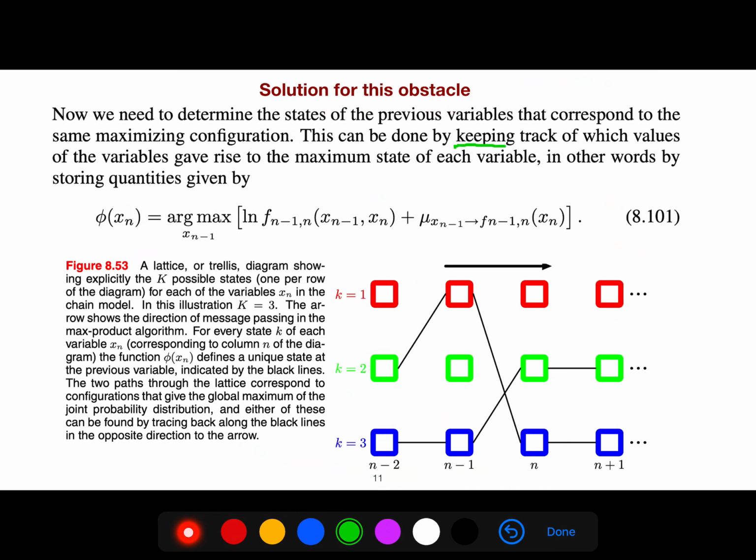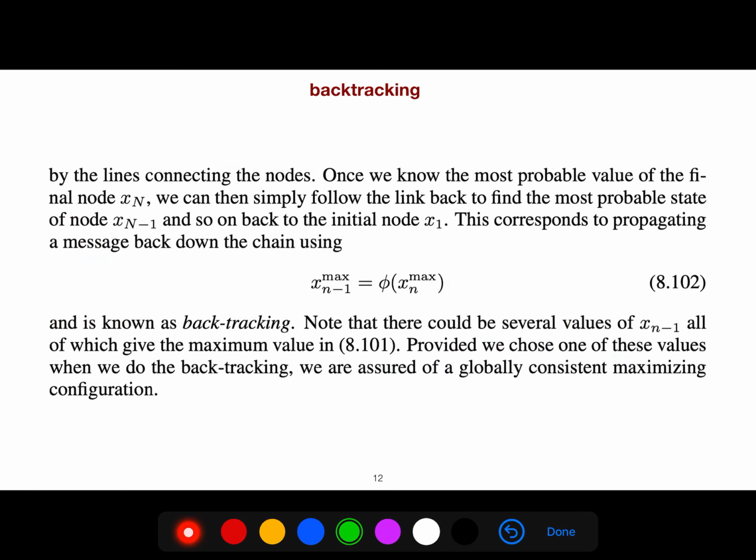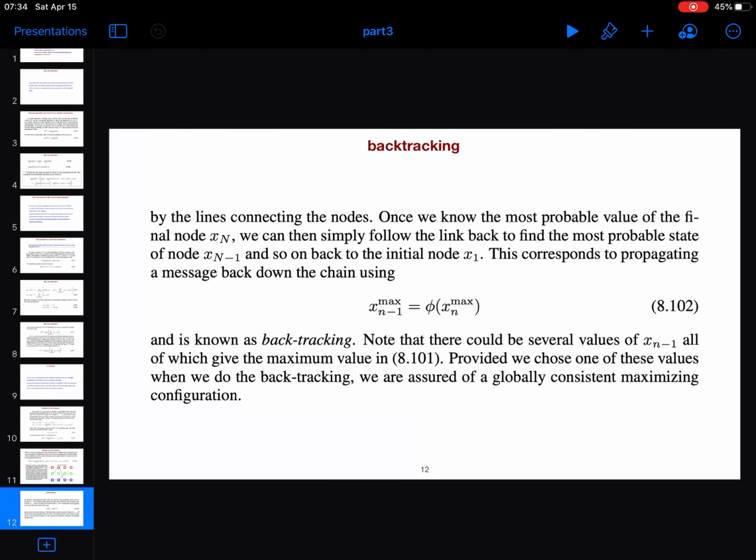We do this by keeping track of which values of the variables give rise to the maximum state. It's very similar in spirit to the Viterbi algorithm. So we are doing backtracking. From the last one, we backtrack, and there is no problem anymore.